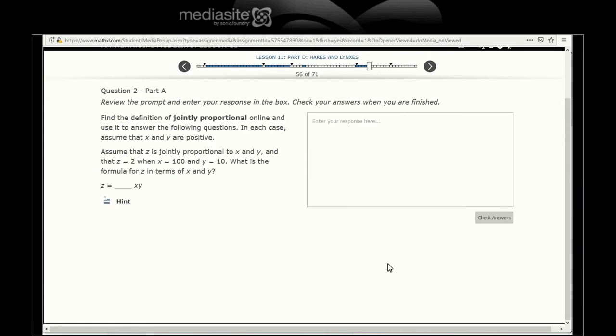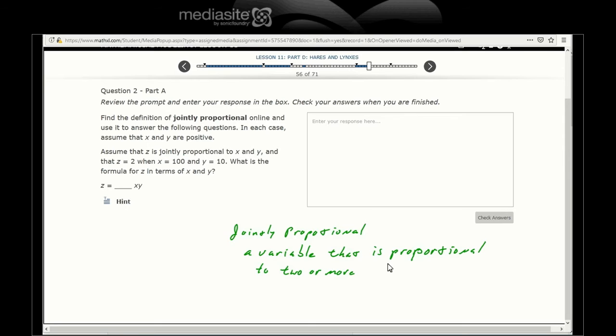You should have found that jointly proportional is essentially a variable that is proportional in some way to two or more other variables.